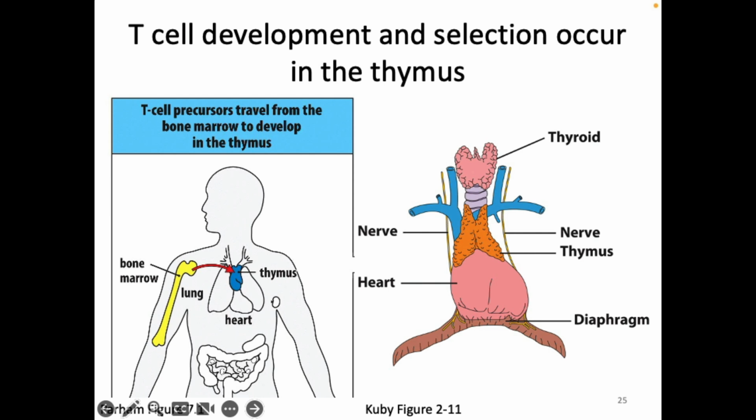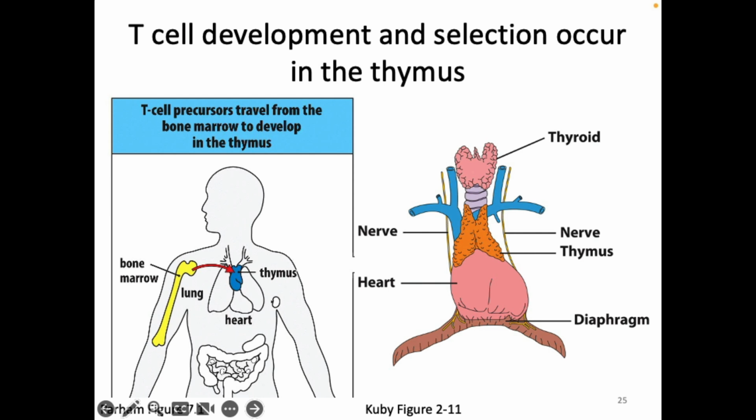If you remember, the stem cells started out in the bone marrow and became B cells and went all the way through B cell development in the bone marrow. If, however, one of those lymphoid progenitor cells, one of those stem cells, gets a signal that says you should grow up and become a T cell, the cell leaves the bone marrow and does all of the steps of T cell development in the thymus.